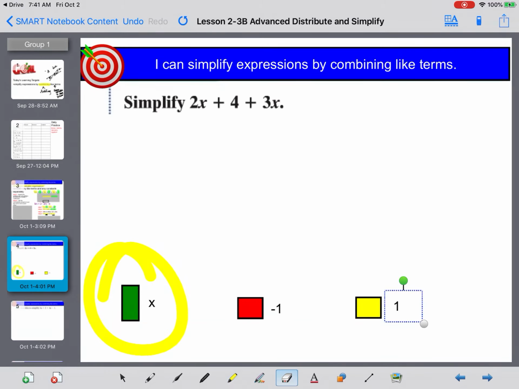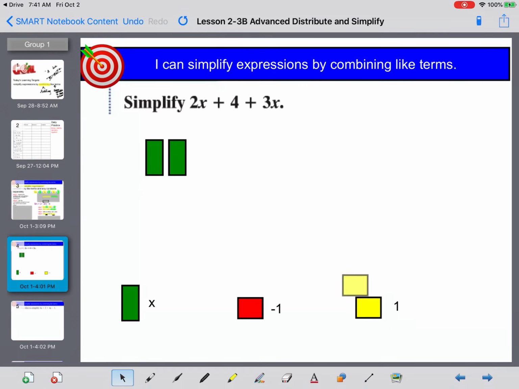It stands for 1x. So if I want to represent two x's, I would simply bring two x's, then plus 4: 1, 2, 3, 4, and then I want to add 3x more right here.